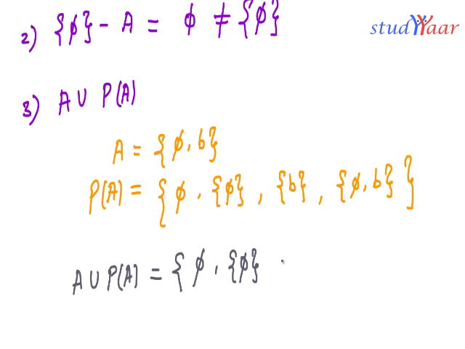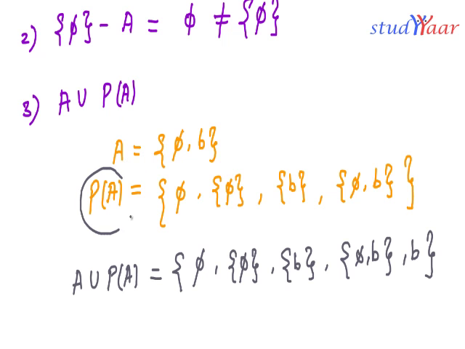This is also there. A itself is also there. Do we have any more elements? Yes, we have B also present. So this is the union of A and power set of A. It contains all the elements which are present in A or which are present in the power set of A.